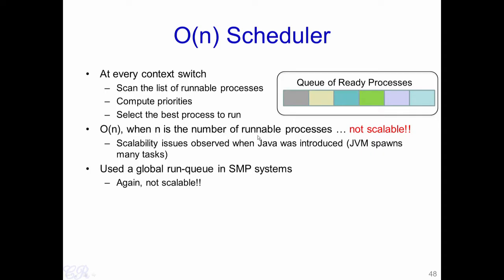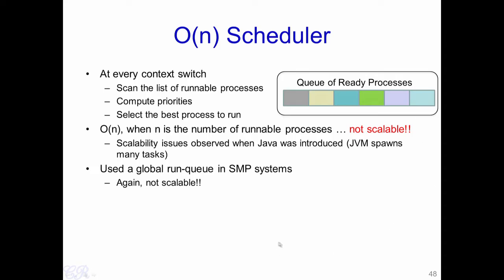These scalability issues with the O(n) scheduler were noticed when Java was introduced, roughly in the early 2000s, essentially due to the fact that the JVM, the Java virtual machine, spawns multiple tasks, and each of these tasks is present in the ready queue. So the scheduler would have to scan through this ready queue in order to make its choice.